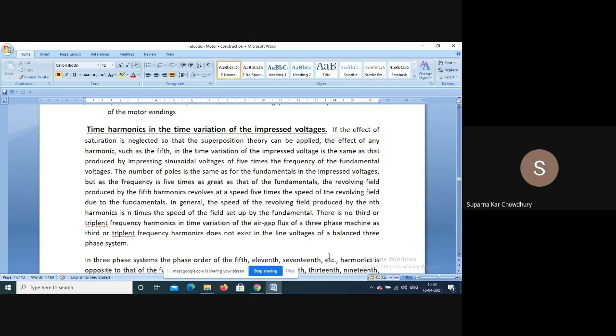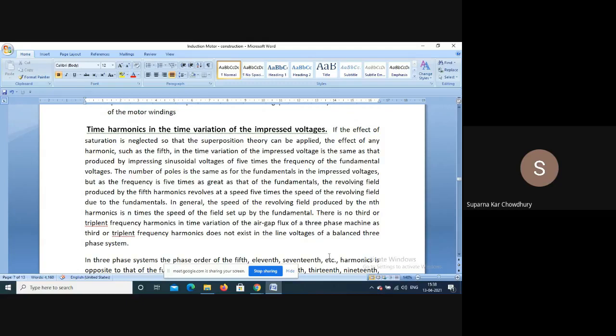The waveform is symmetric, so we can only have odd harmonics, and third and triplen frequencies are absent because they are not present in the line voltages of a balanced three-phase circuit. So the first important one is the fifth, then 7th, 11th, 13th, 17th, etc. 15th is absent.